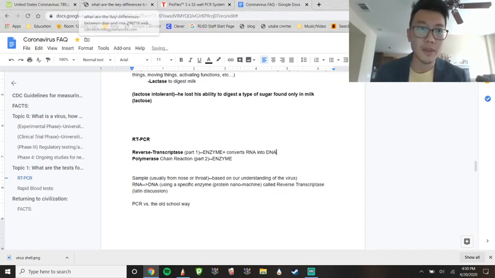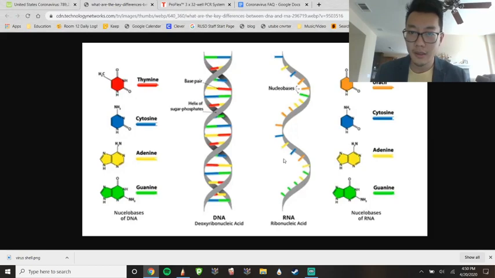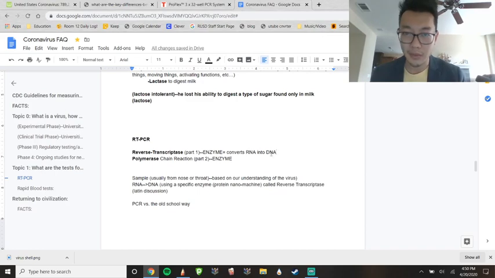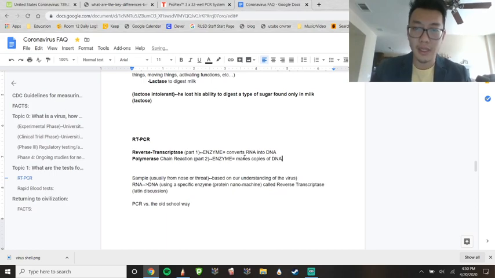If we saw that previous picture, it's this little enzyme, this little protein that moves around, attaches onto an RNA, and makes a copy, but converts it into DNA. That's its main function. And then we have a second part. Polymerase is another enzyme. And what does that do? It makes copies of DNA.